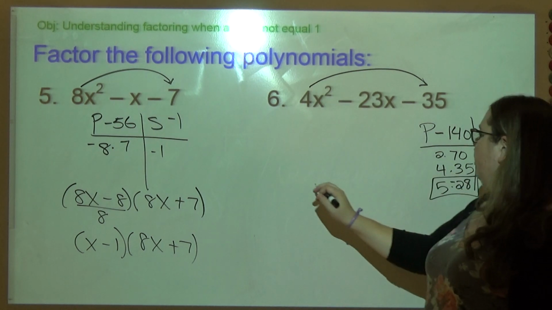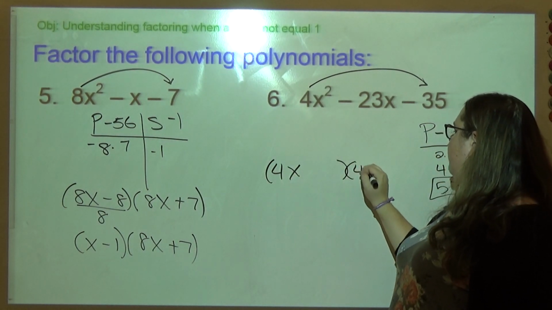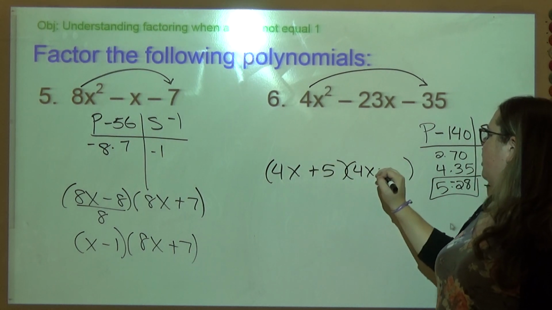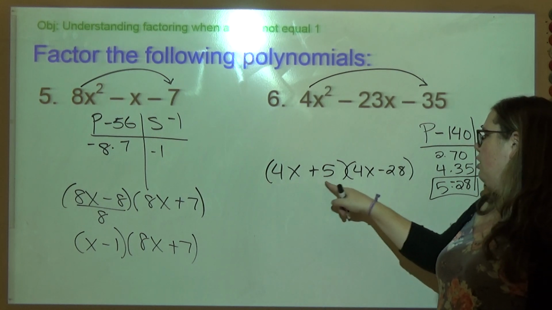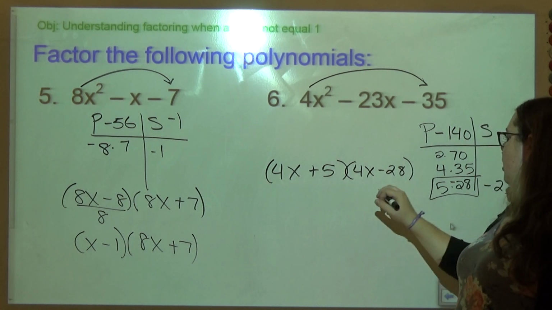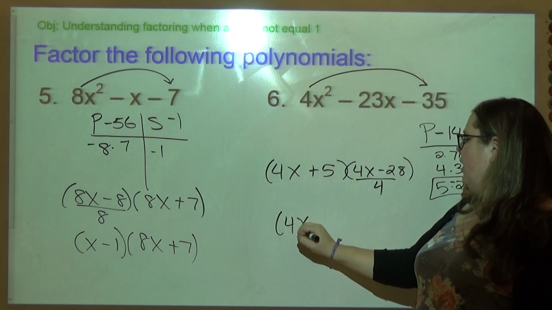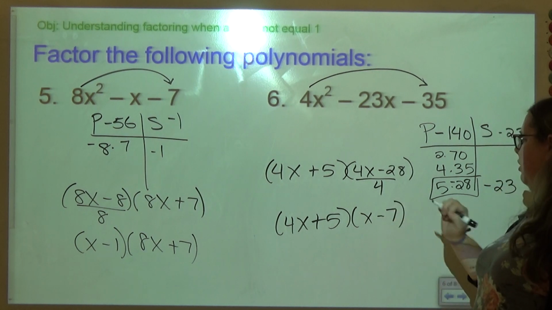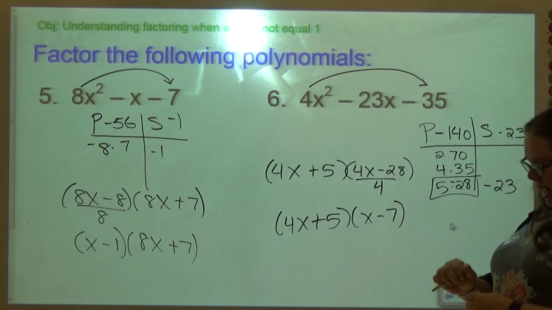Remember, put that 4 in both spots. 4x, 4x, plus 5 minus 28. And then look for any GCFs. No GCF, GCF. 4x plus 5, x minus 7. And we are finished. All right, last slide.